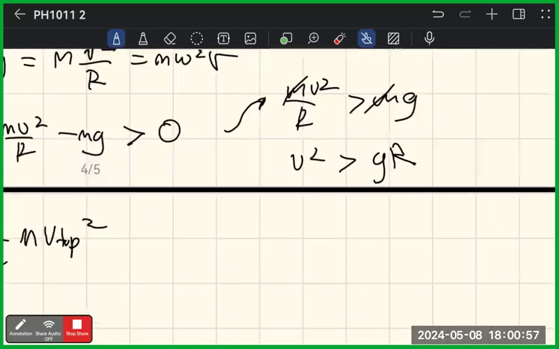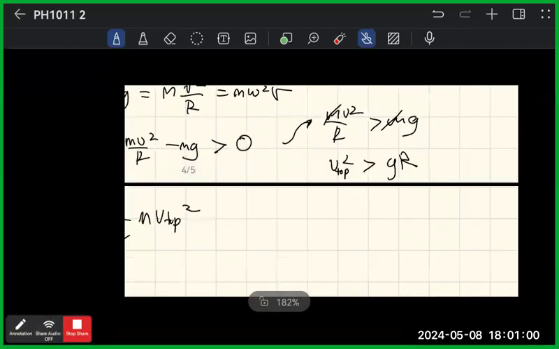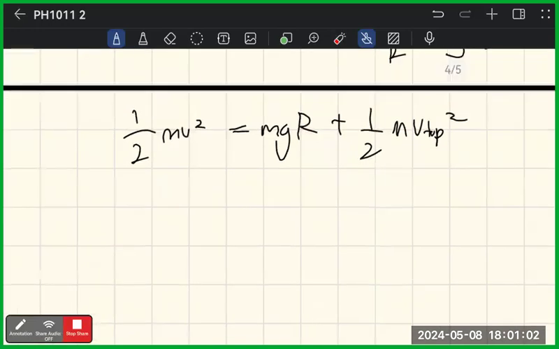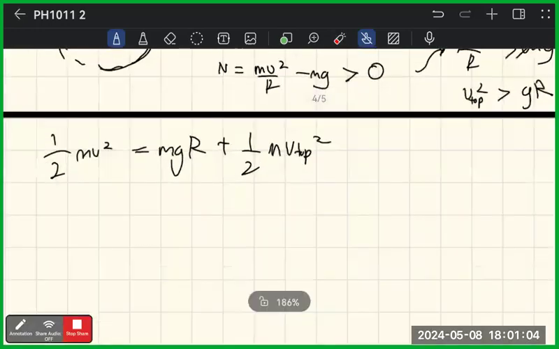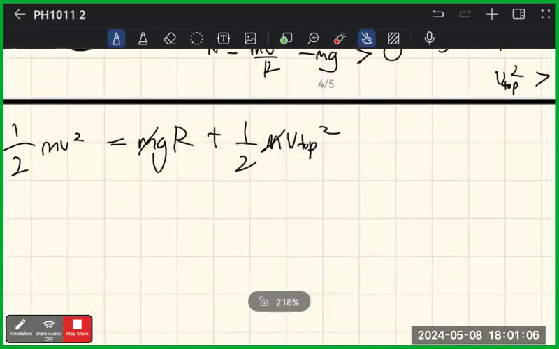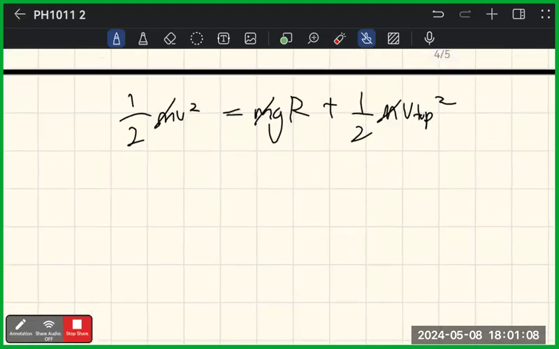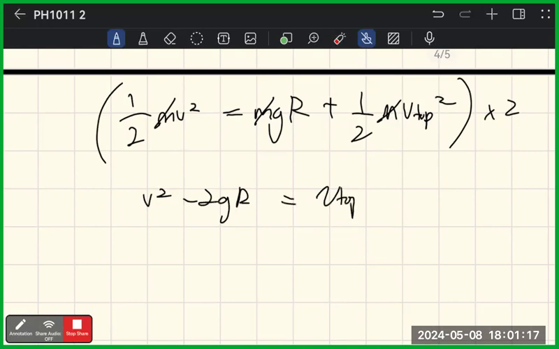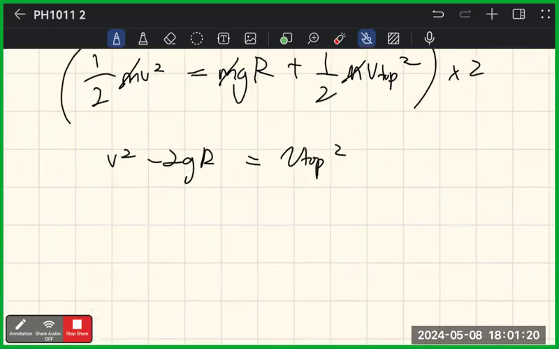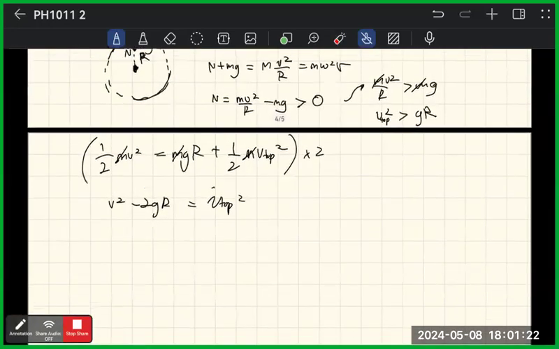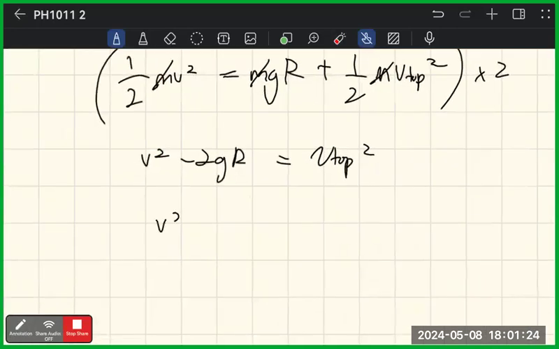I'll write this v squared as v top. We can cancel out m and multiply all of this by 2. We have v squared minus 4gr equals v top squared. Because v top squared has to be larger than gr, v squared minus 4gr has to be larger than gr.